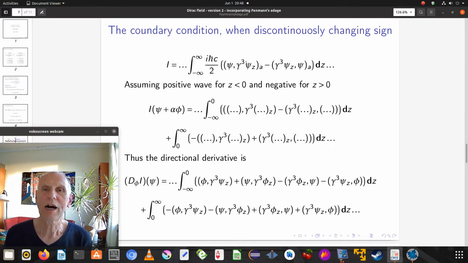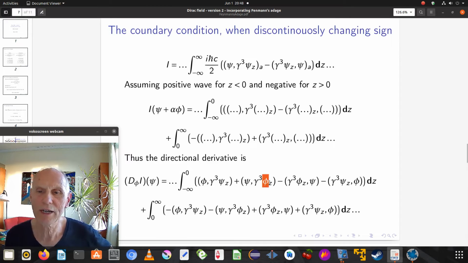The only interesting part is the derivative with respect to z. The point in front of here I've omitted for a reason, because it would be confusing. So index z to psi means derivative with respect to psi, and the same with phi.